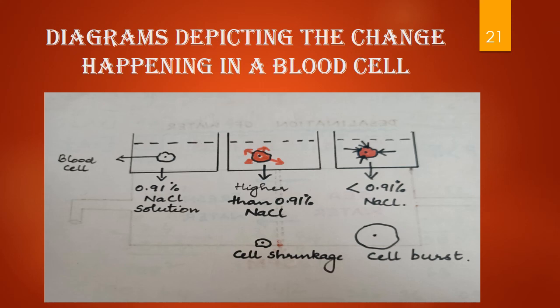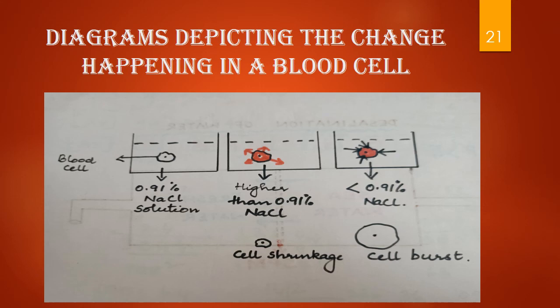This happens when we are taking intravenous injections. In the case of intravenous injections, if you directly inject the medicine into the human body, it may result either in shrinkage of the cell or bursting of the cell.